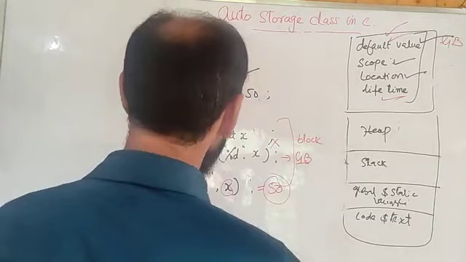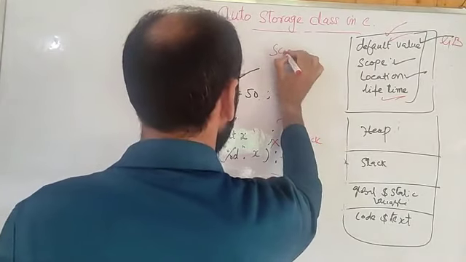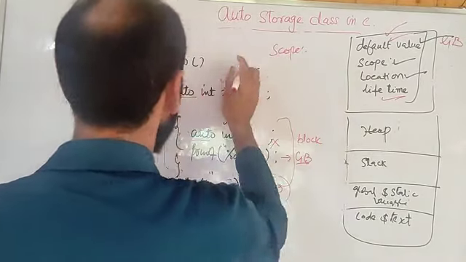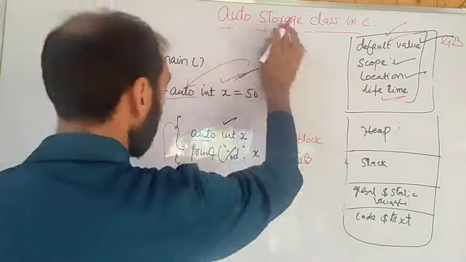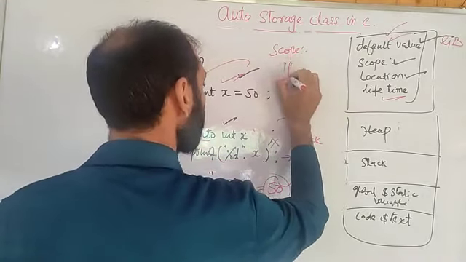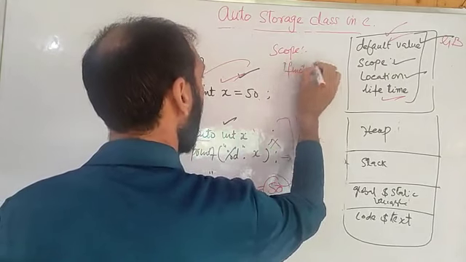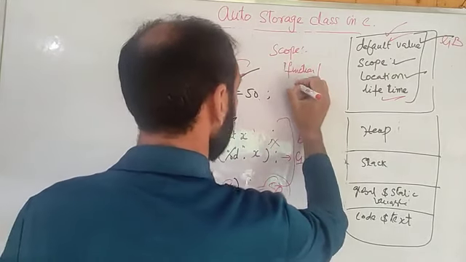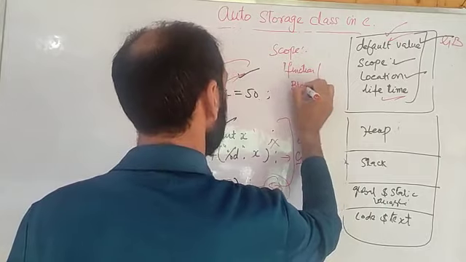Now we know that the scope of a variable whose storage class is auto is either function scope or block scope.